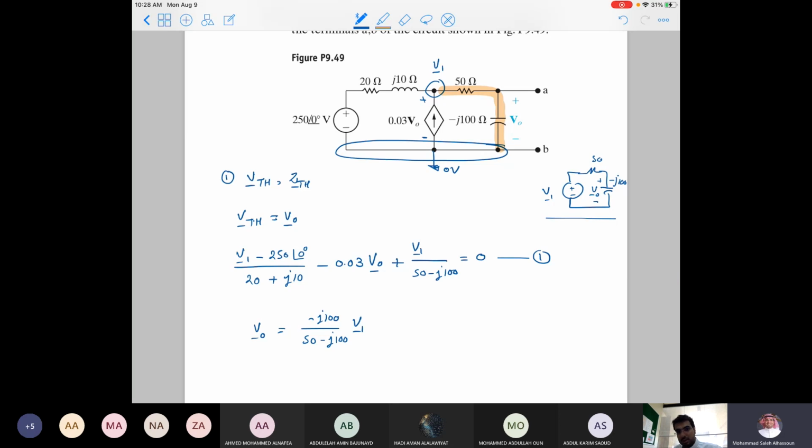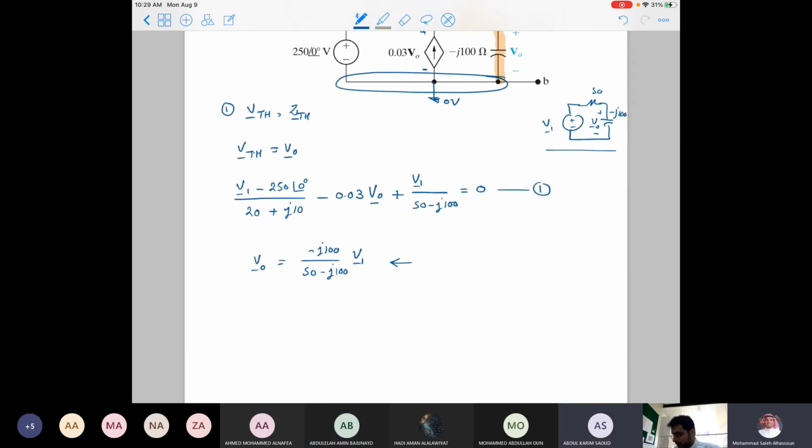So this one is exactly the voltage divider law. Yes, the Z of the capacitor and the resistor. Yes, that's exactly what we're doing. Is it clear, Shabab, now? Yes. Okay, good.